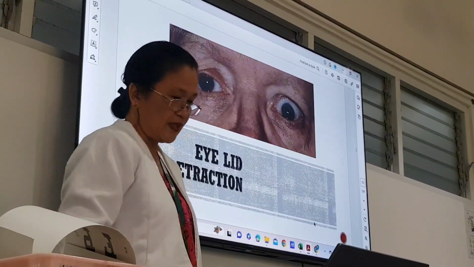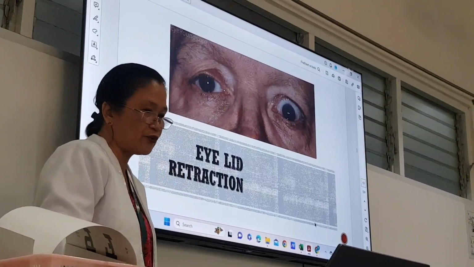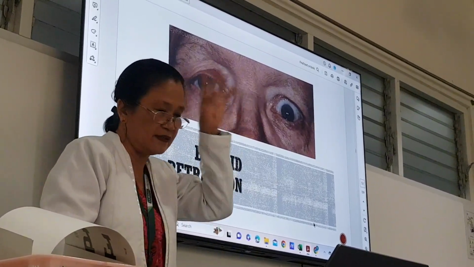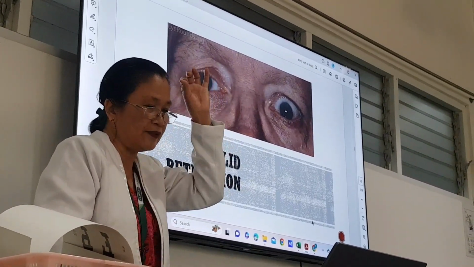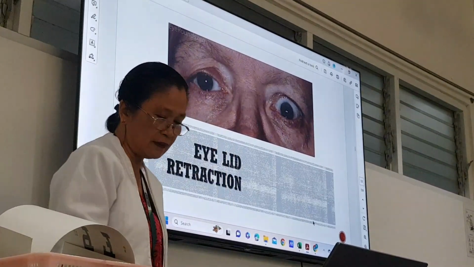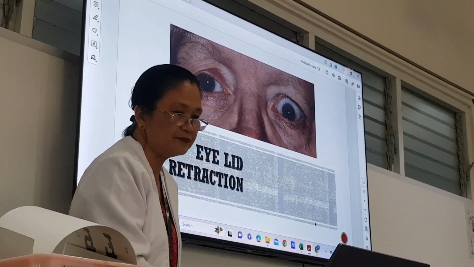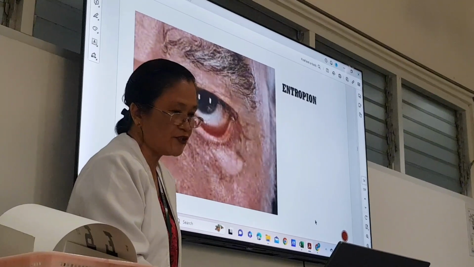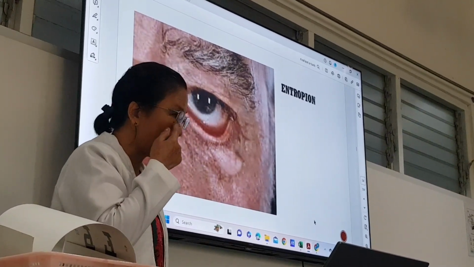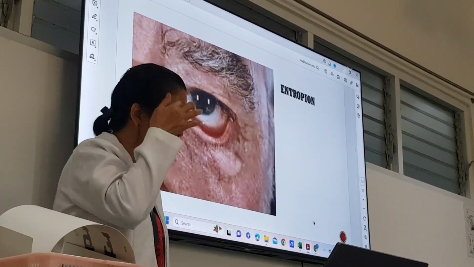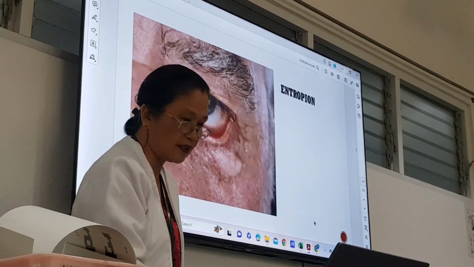And then, there is eyelid retraction. You can see the right eye is wide open, but the other one is normal. Then that is your entropion, at the lower lid instead of the upper.